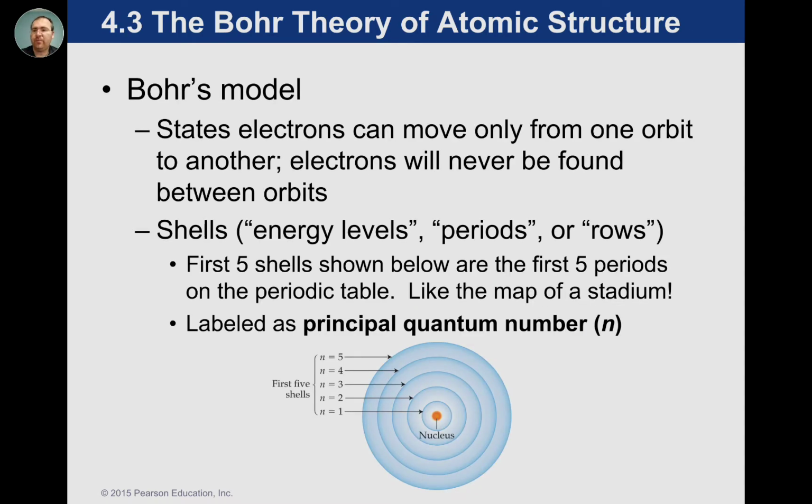So Bohr's model is basically how we set up the periodic table. You can imagine that if we have this spherical atom, it's a lot like our spherical globe. So if we take our planet as a whole, it's a sphere. We have a kind of round circumference, basically like a ball.